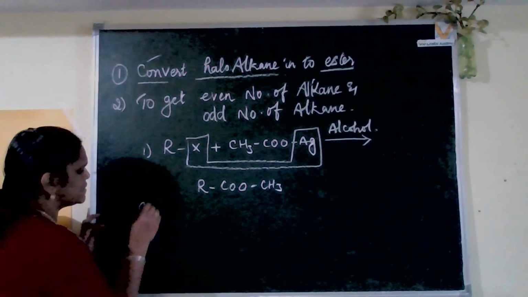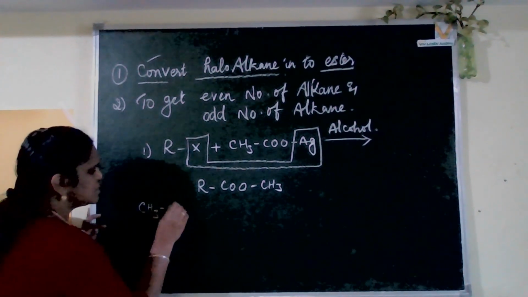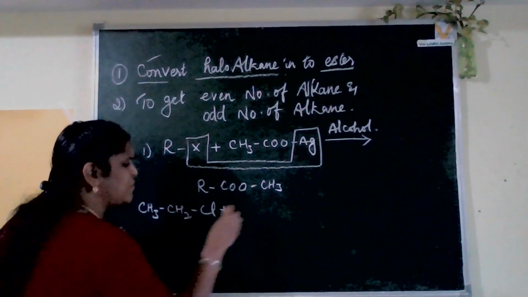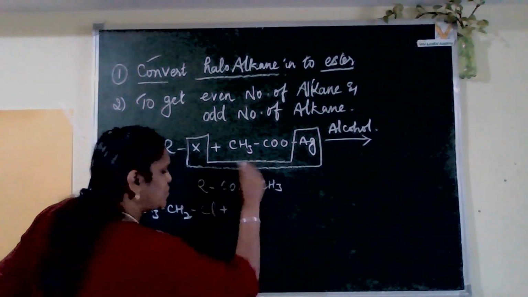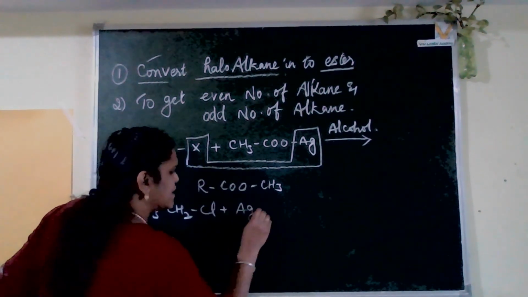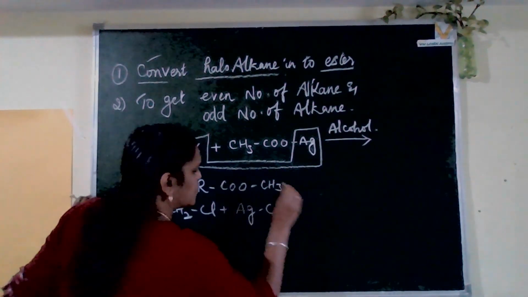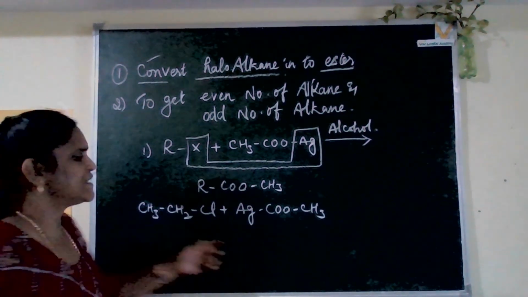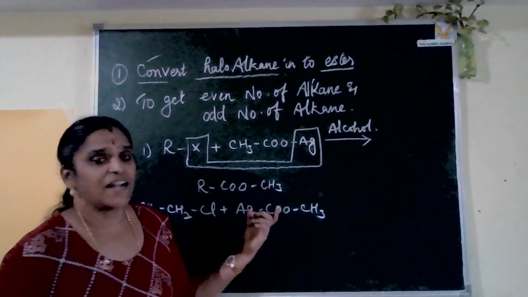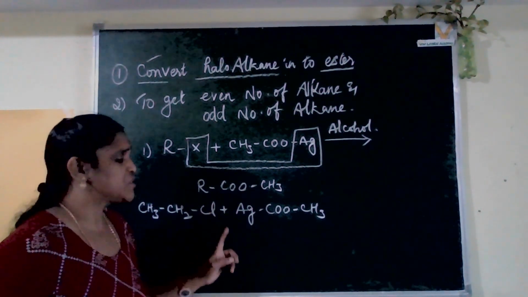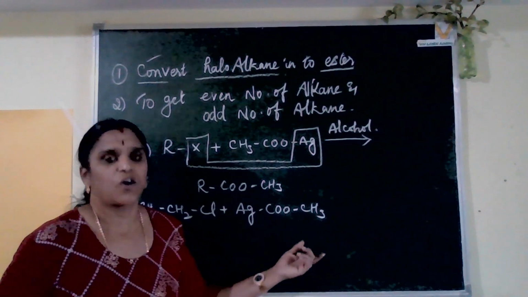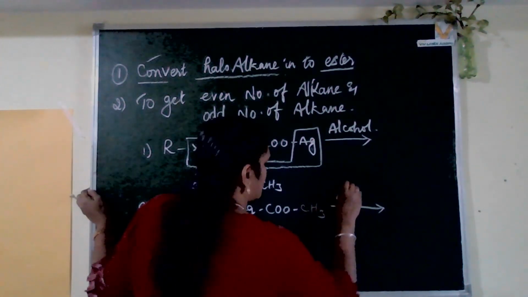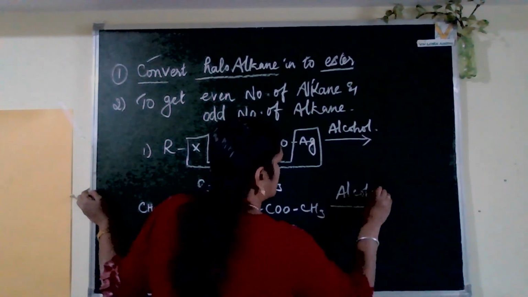Now I go straight to the example. Ethyl chloride, CH3CH2Cl, combined with silver acetate, AgOCOCH3, or silver salt of carboxylic acid, in the presence of alcohol.